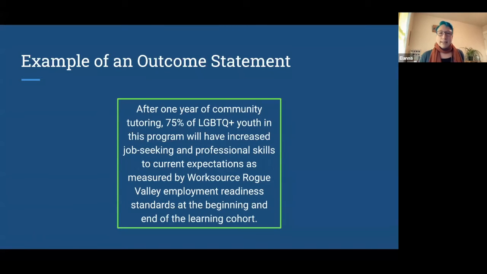So this is something that doesn't exist, but I hope that that is something that could exist in this area at some point. Programs like this have existed in other areas in the past, and I believe there are some ongoing now.